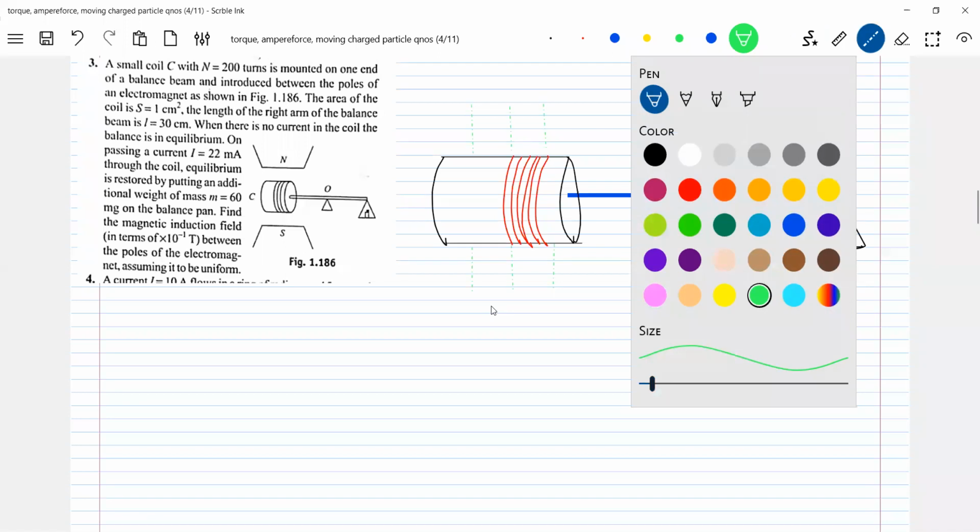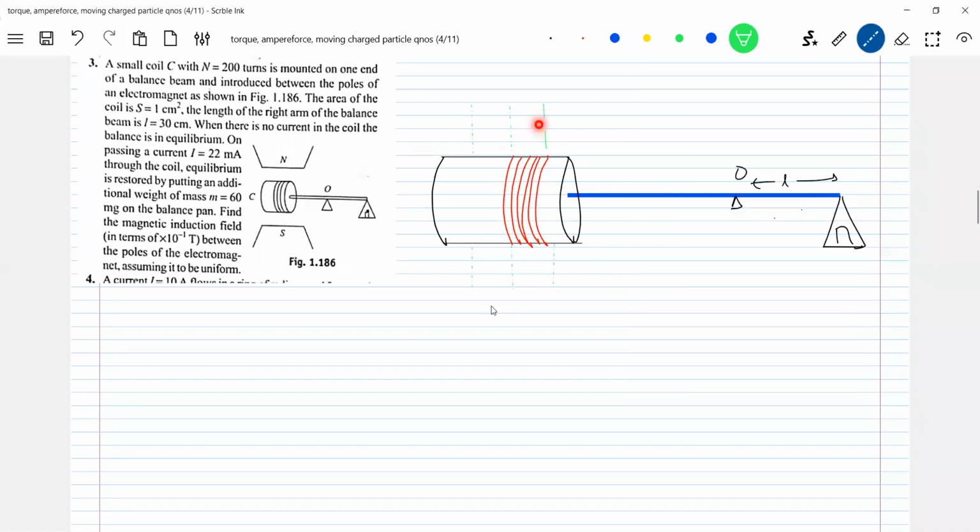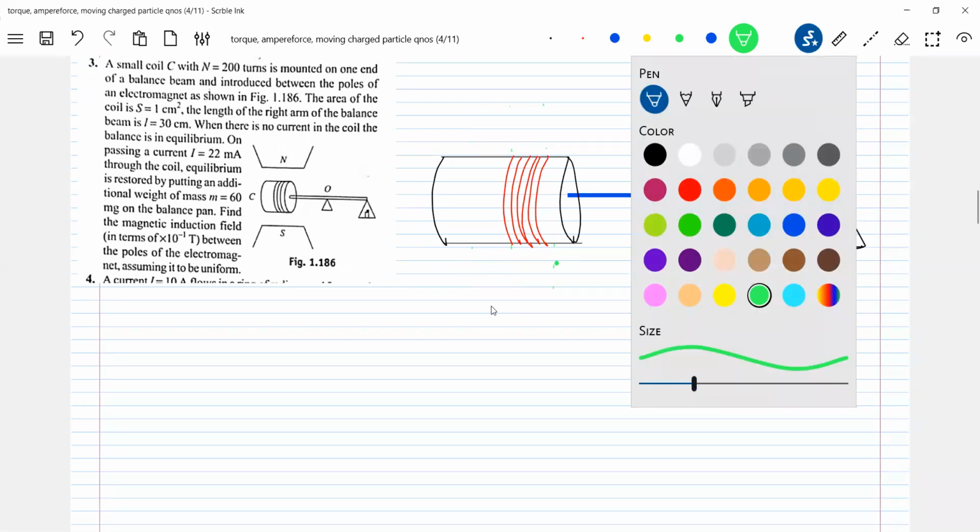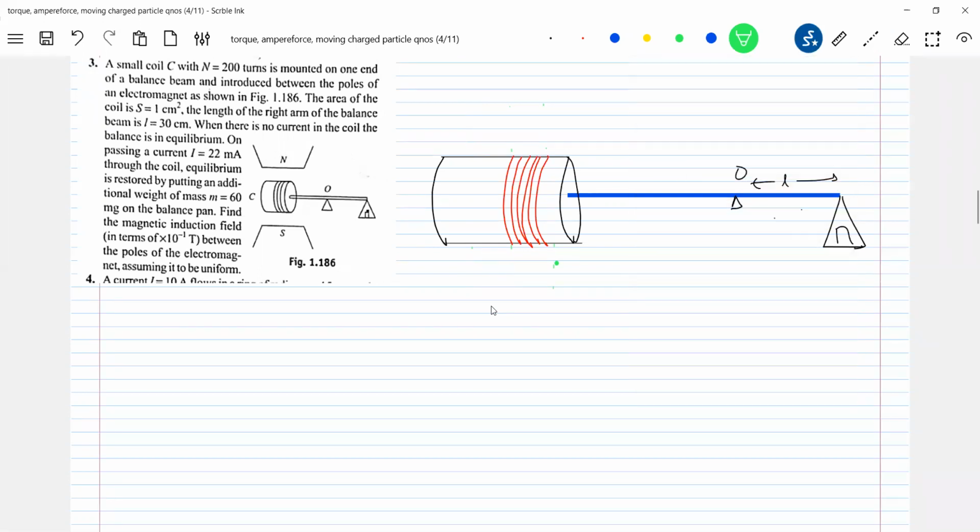These are the magnetic field vectors. So this is the B bar.